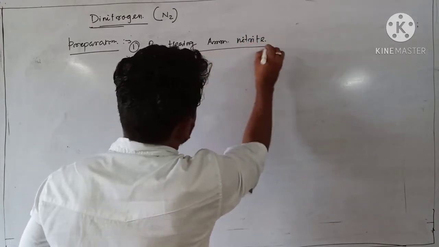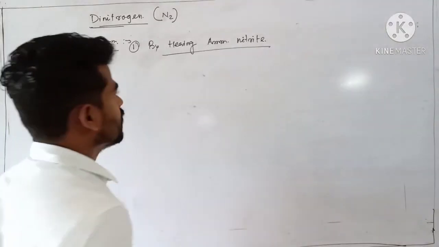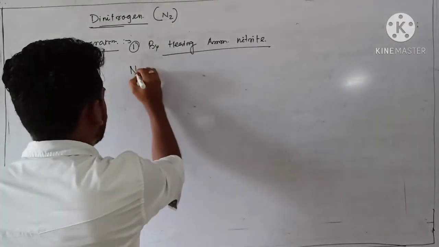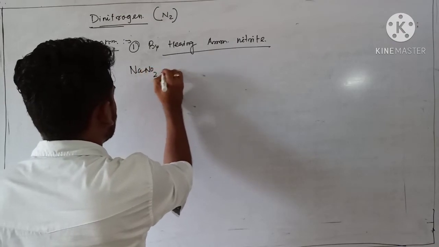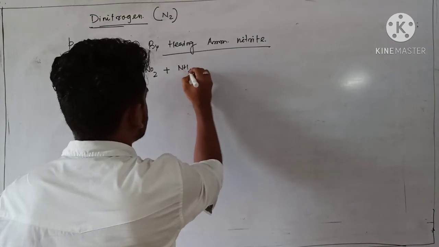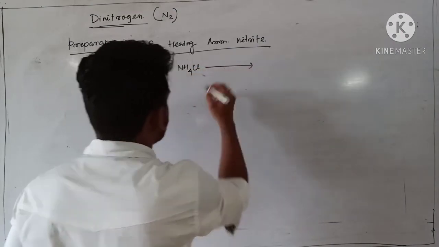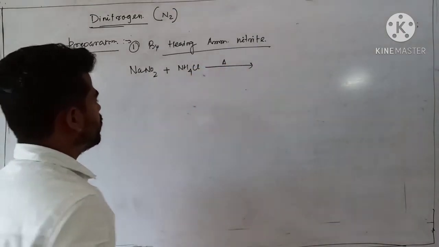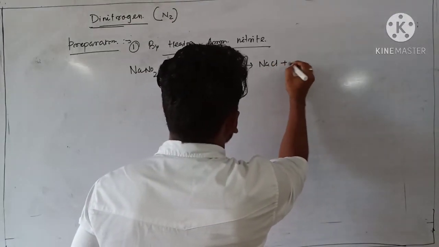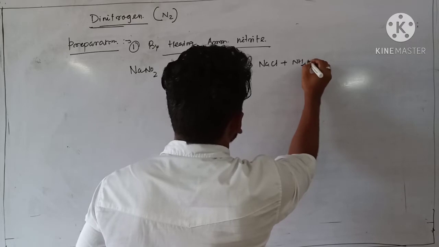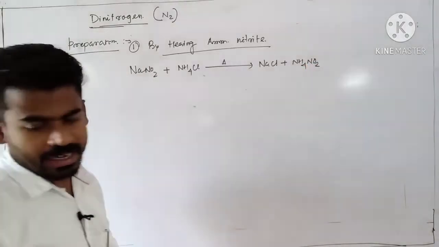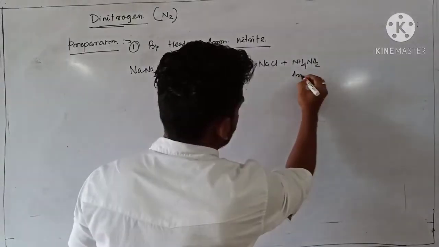This ammonium nitrite is formed from NaNO2 plus NH4Cl, with a little heating, giving NaCl plus NH4NO2, which is called ammonium nitrite.